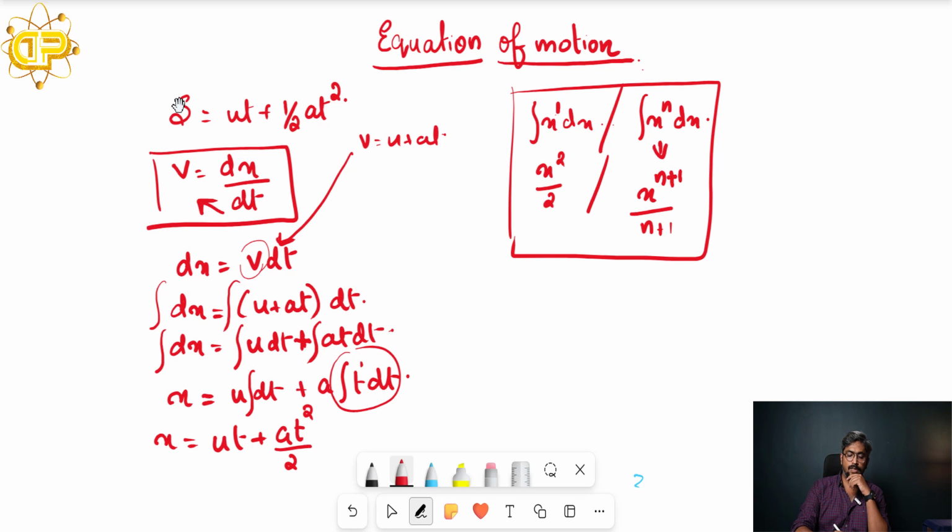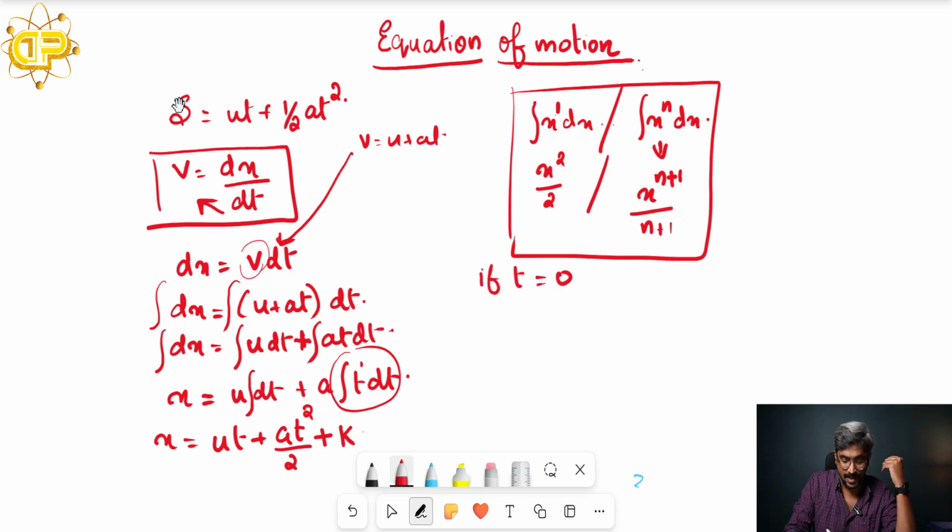x is equal to ut plus half at square plus k, a constant is also there, right? So now again substitute. How will I get the value for this k? I will get the value like this. If t is equal to 0, initial displacement, x will become x0. That means, for example, if an object is moving, there is a man here or a lady there.